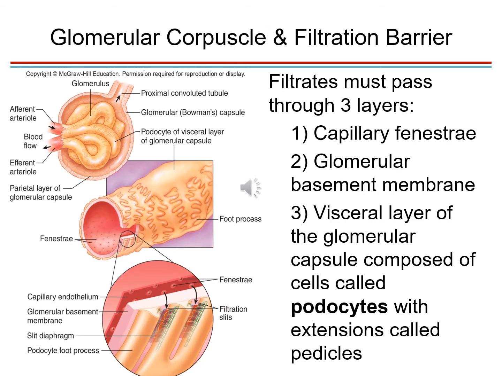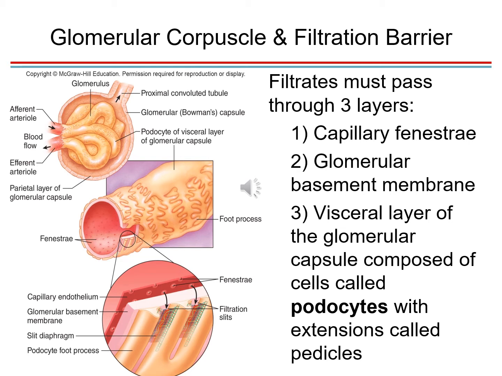The molecules that are inside of the glomerulus need to reach the renal capsule by filtration. In order to do so, they need to go through three different layers: the capillary layer, the basement membrane, and the inner layer of the capsule itself.